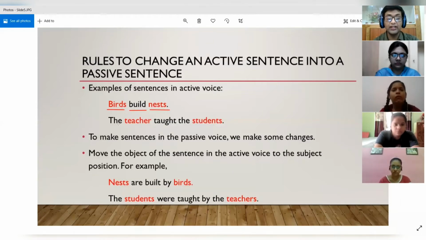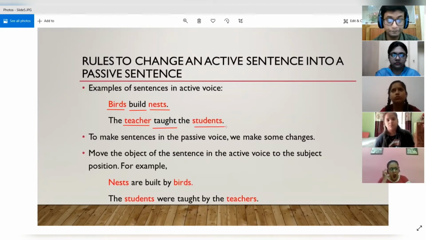All right. The teacher taught the students. So here also you will find that the teacher is the subject and is active. It is teaching, right? So the subject taught the students. So students are passive. They are the object in the sentence.